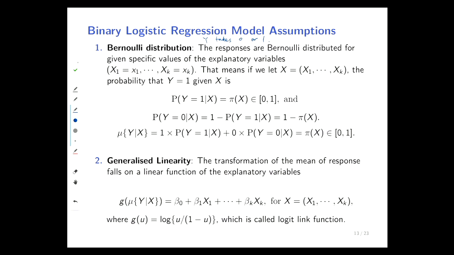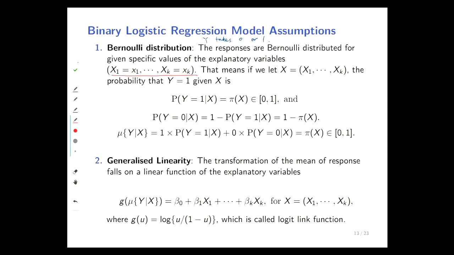So consider that we give some value of x. That means we give some specific values, like x1 equals 1 until xk equals 3 or something like that. After given those values, our response variable follows a Bernoulli distribution.